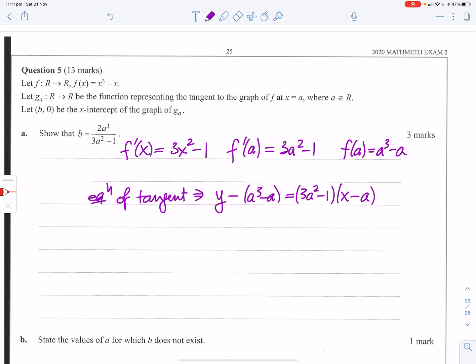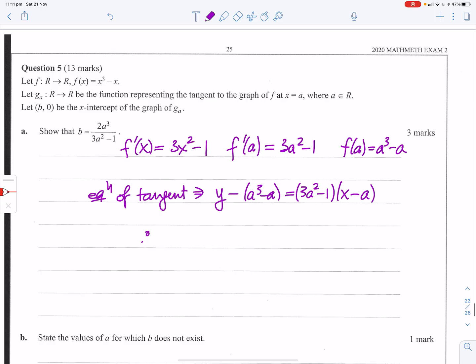A. So we get 3a squared minus 1 x minus 3a cubed plus a cubed, and then that's going to be plus a, so when I bring it to the other side it becomes minus a, so they cancel.